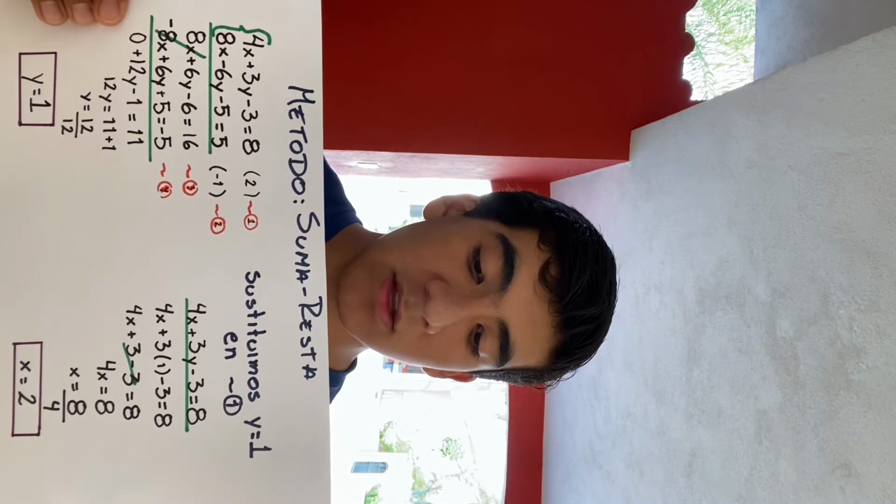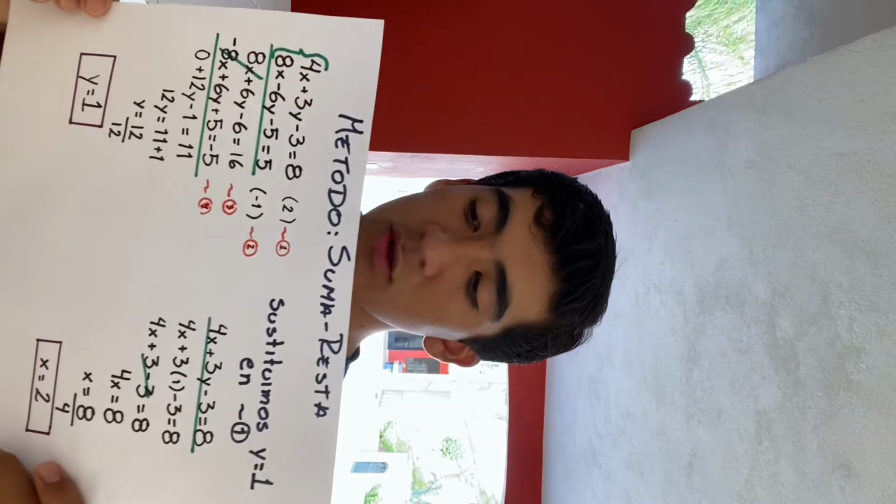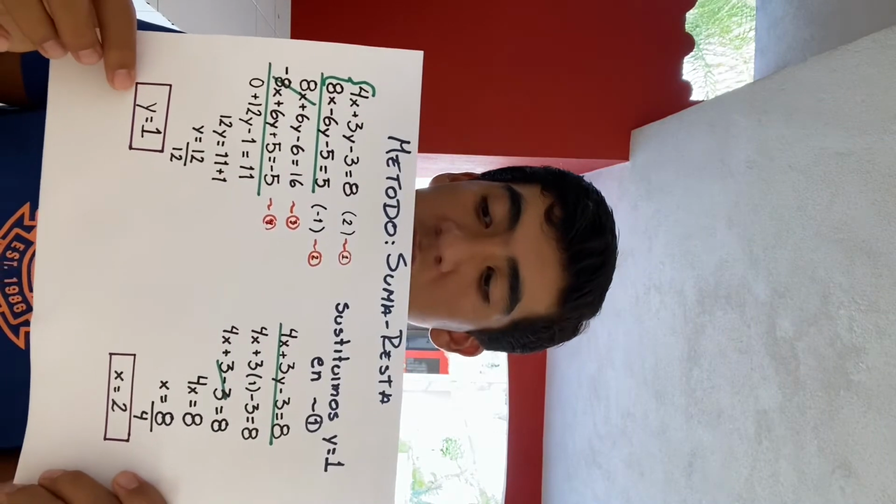When doing the subtraction, we eliminate 3 minus 3, leaving us 4x equal 8. We pass what is multiplying to the other side, x equal 8 divided by 4. After division it gives us a result of 2. Therefore, the value of x is 2.